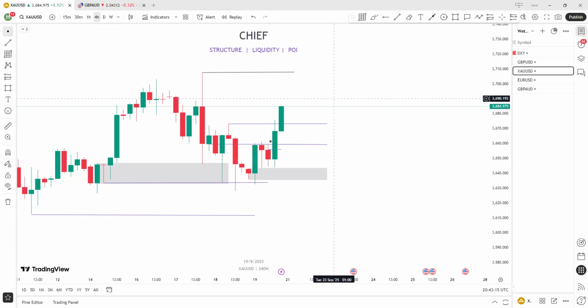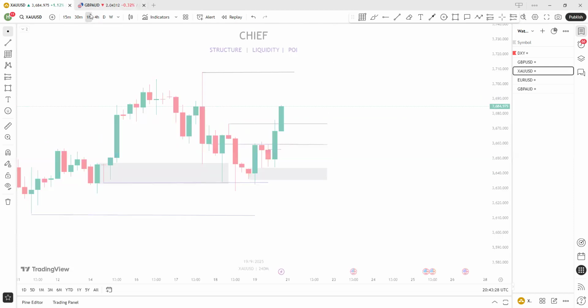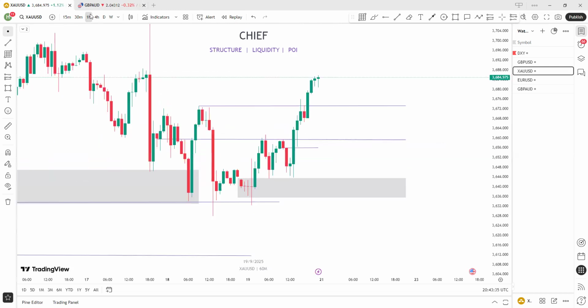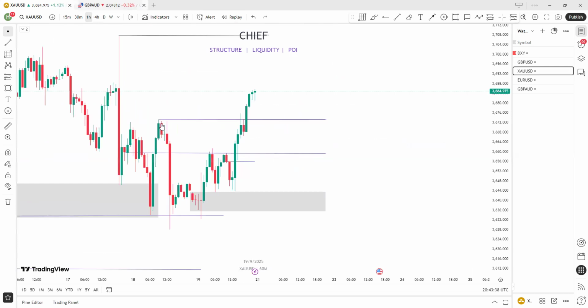This 4 hour FVG also aligns with the daily time frame that I marked out. So that's what we are trading. Very simple. Is it not simple? And then you also see a decisional order block here that's also falling into that zone.